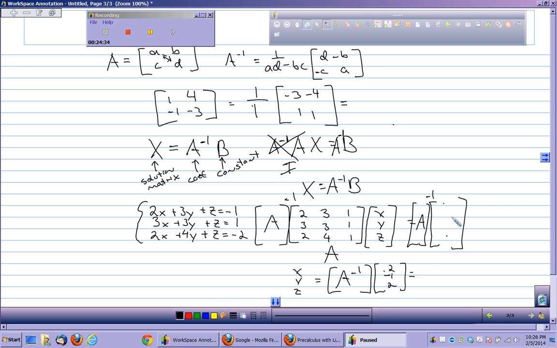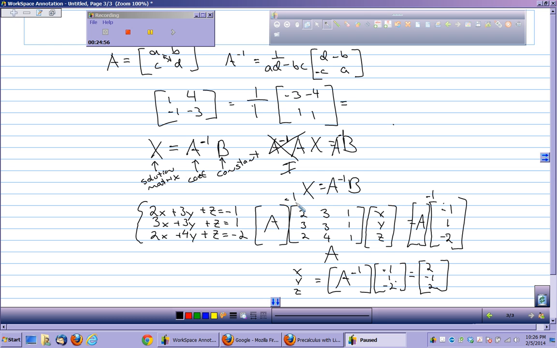Constant matrix is -1, 1, and -2. Sorry about that. And the answer, this is -1, 1, and -2. And the answer over here is 2, -1, and 2. So this is x, y, and z, which is a solution to this system.